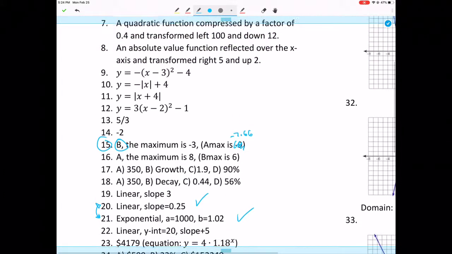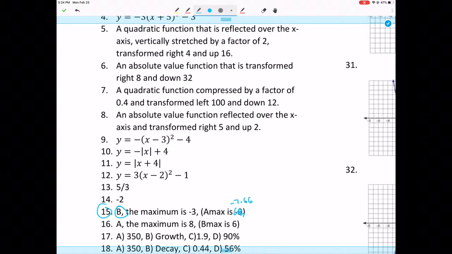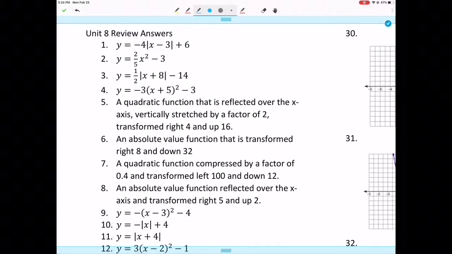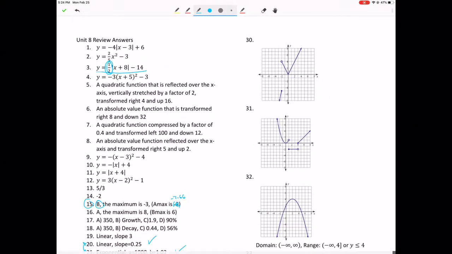What else was it? Oh yeah, on 3, I fixed it here. I wrote down that there's an error, but I already told you at the beginning that it's being compressed by a factor of 1/2. On the problem, it says that it's compressed by a factor of 2. So fix that not on your answer sheet, but on the problem.